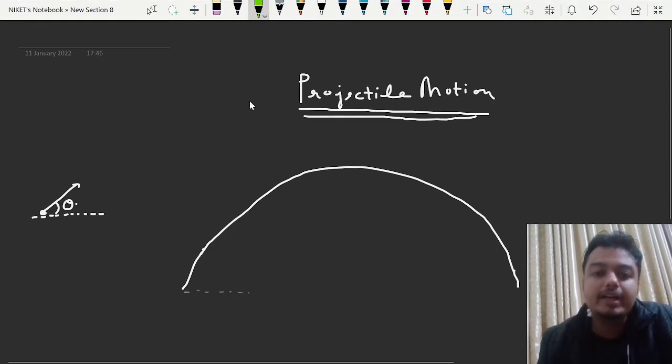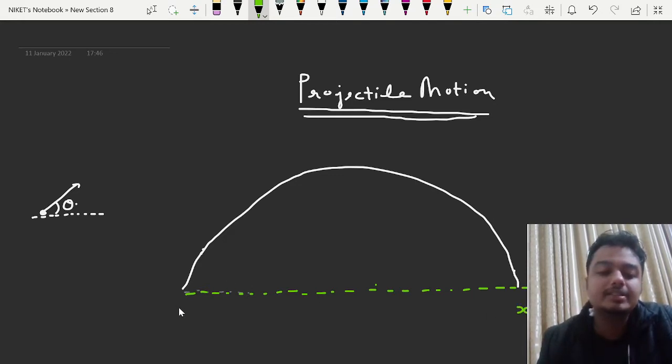can be visualized under two dimensions. I can divide this whole motion under two dimensions. That is, let's say this is the x-axis, and let's say this is the y-axis.